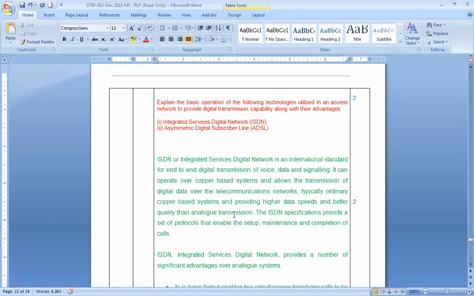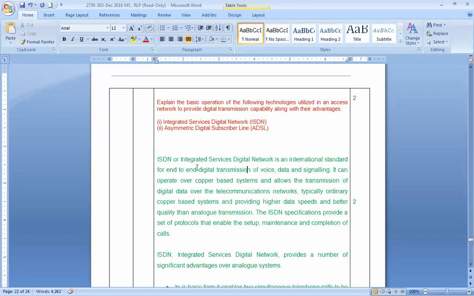So it all started off with the ISDN network and an ADSL type of network. So let us see with these two how it actually began and what was the process involved in them.